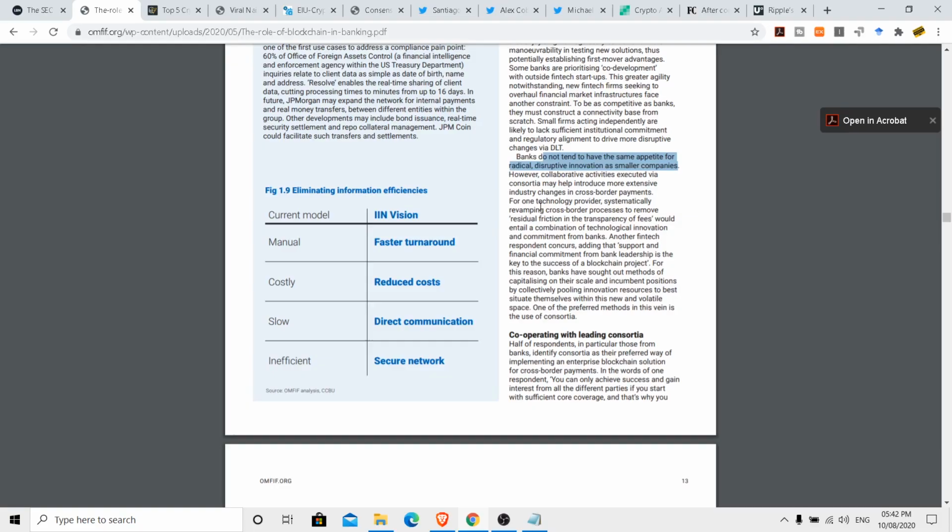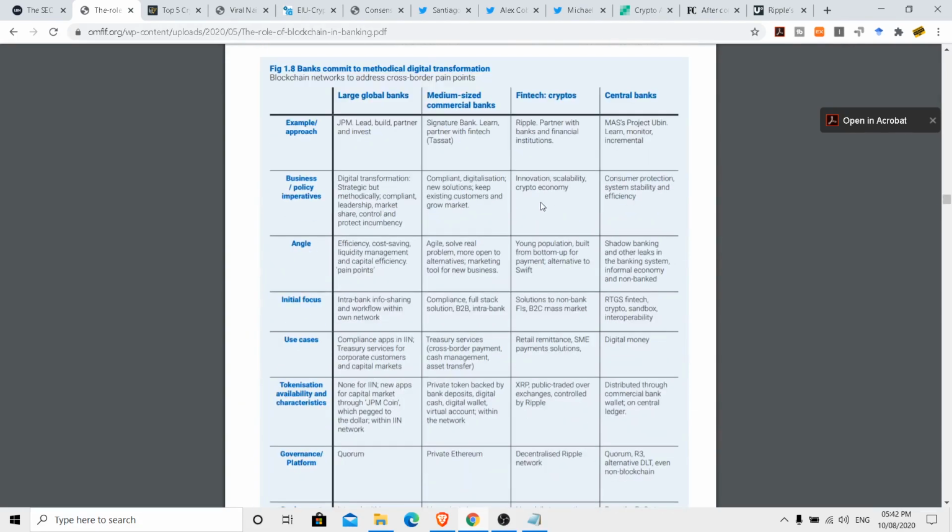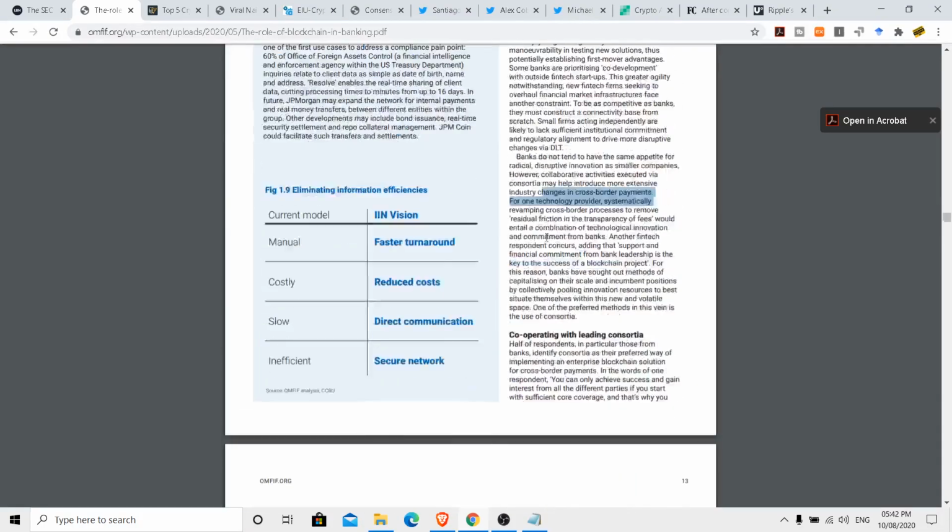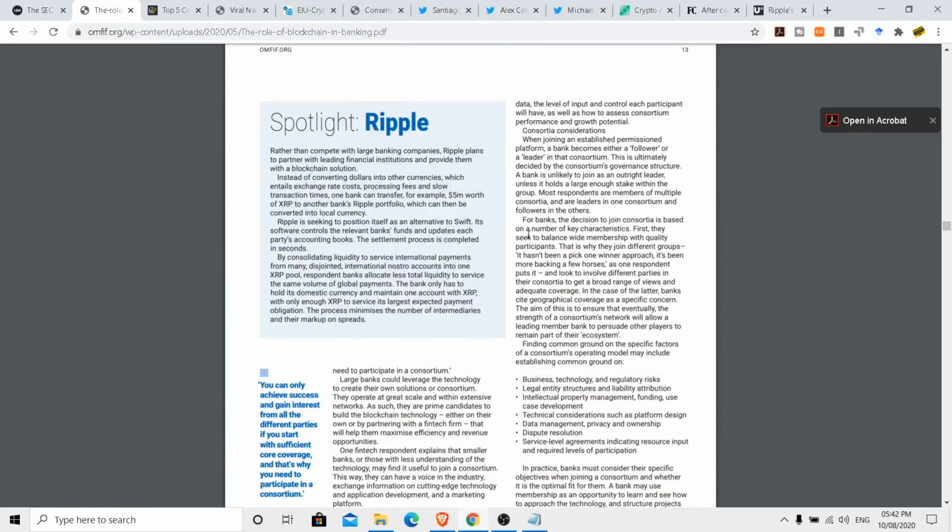That is the technology they are looking at, for extensive industry changes in cross-border payments. Now, if you understand this and are digesting this properly, you should have the idea that no one is going to compete with XRP.